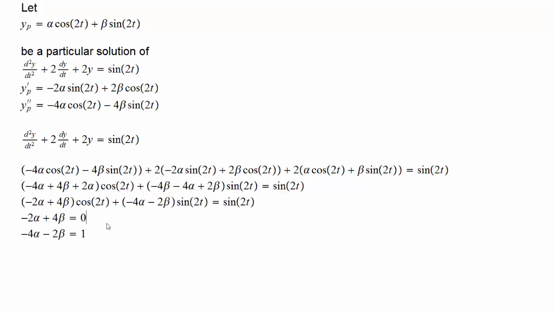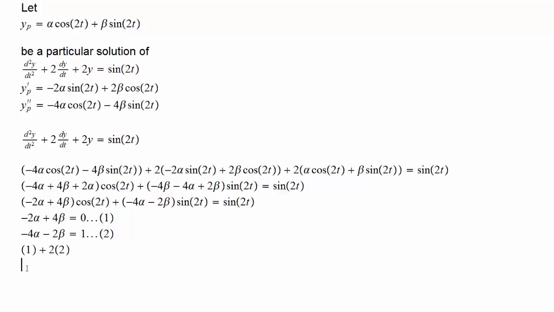Now let me write, this is equation 1, this is equation 2. I can solve by taking equation 1 plus 2 times equation 2. What will that do?